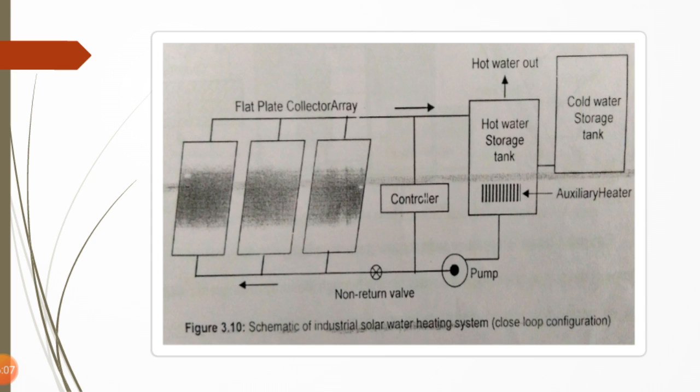So after heating from the flat plate collector array, there is a difference between this water and the water present in the storage tank. This difference is sensed with the help of the controller.